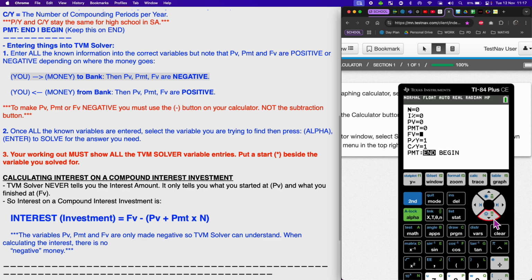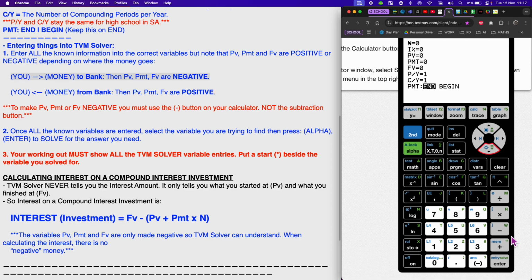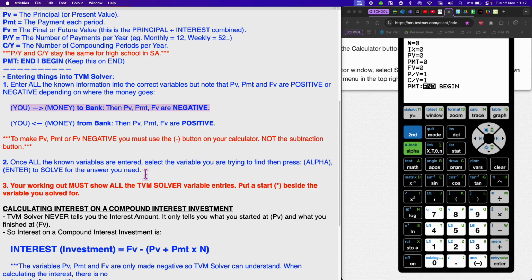It's often FV. And then you press alpha, the green button, to get the green functions. And you press enter to get it to solve. Okay? So that's second to last note for today, other than the examples, is just to show you how to solve things. So just get that little bit in pink.